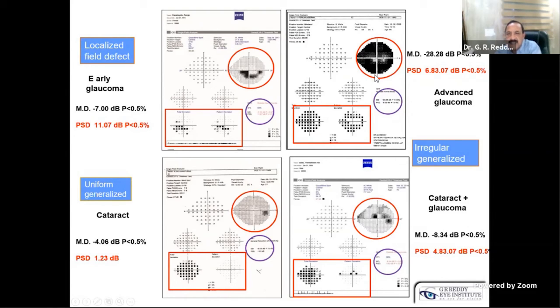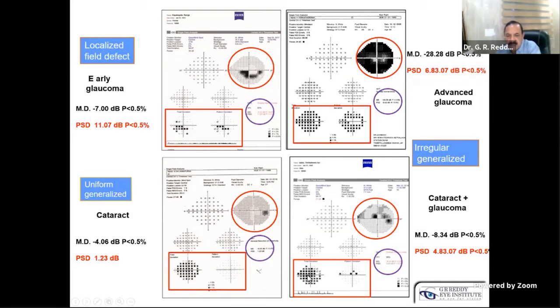You see, this is a patient of glaucoma and advanced damage. There is no cataract in this patient. All these points are loss of retinal cells purely due to glaucoma in this end stage. You see the grayscale difference between both are irregular generalized depressions. Here, with cataract, all became absolute scotomas. Here, the loss is more than 8 dB.